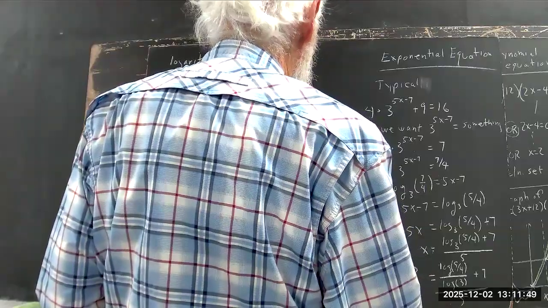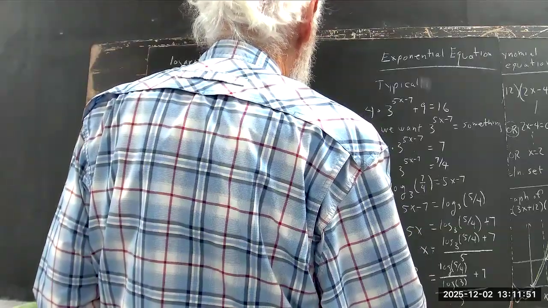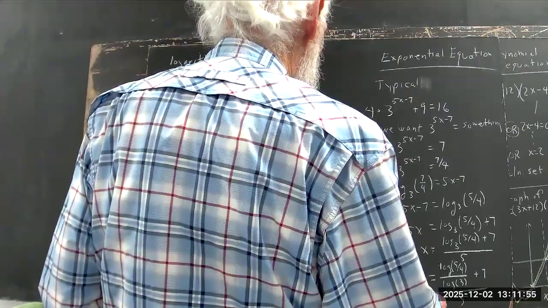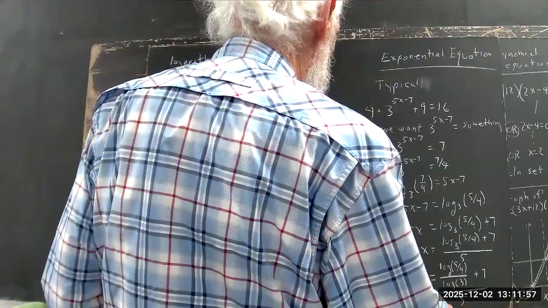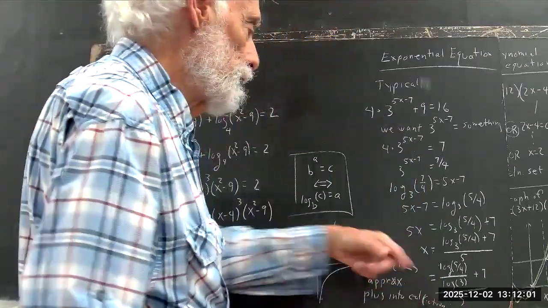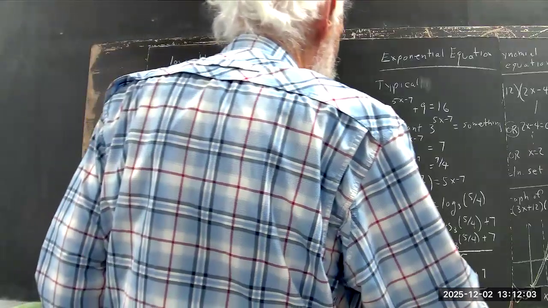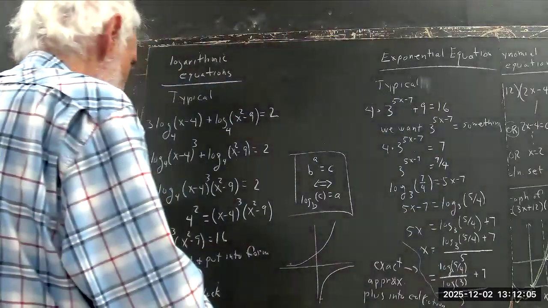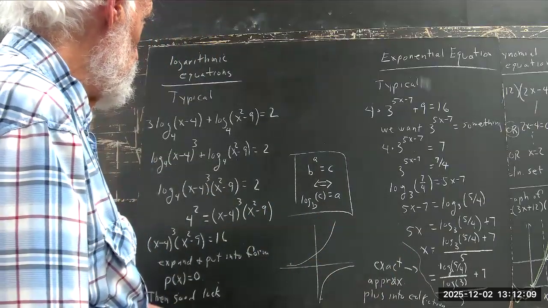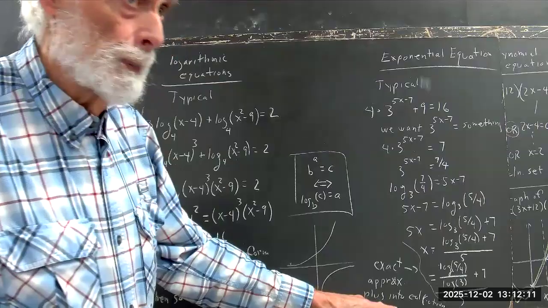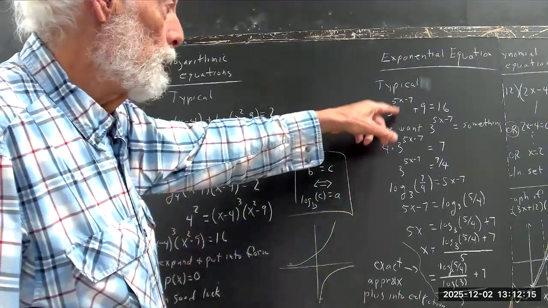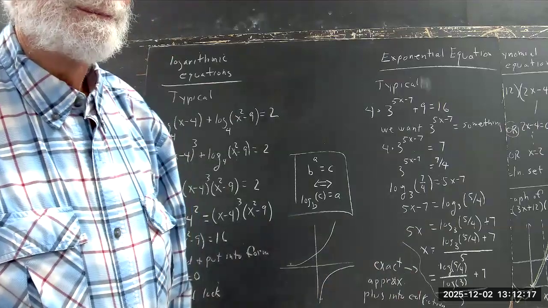The approximate solution, that's calculator. Okay. So I want to see an exact solution. But then an approximate solution is always good too, because you can take your approximate solution, plug it back in and check your work.